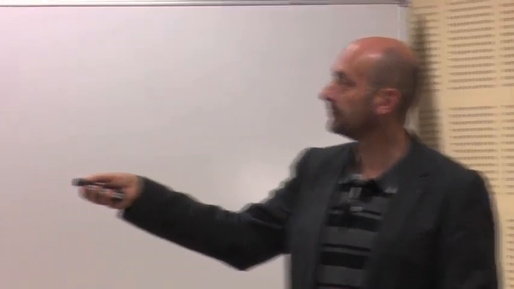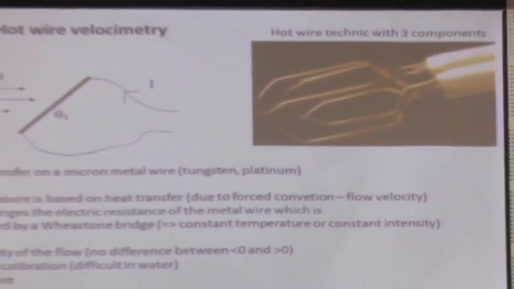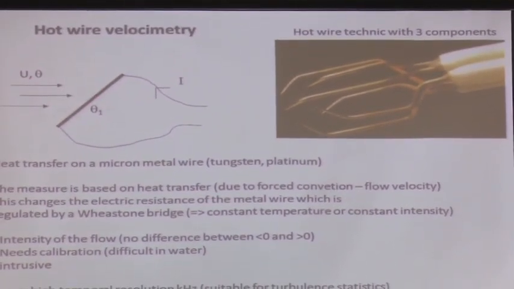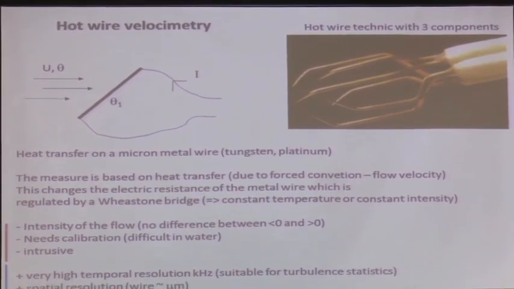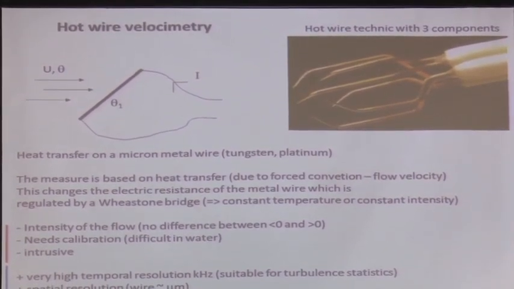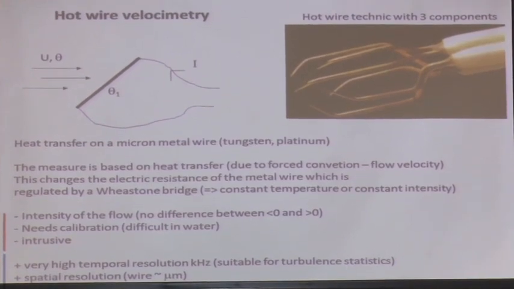This is the same here. We have a hot wire, and it will be cooled by the fluid. And as you increase the fluid velocity, you will increase the cooling effect. So if you make the calibration, you know the velocity, you measure the cooling effect, then you have access to the velocity of the fluid.